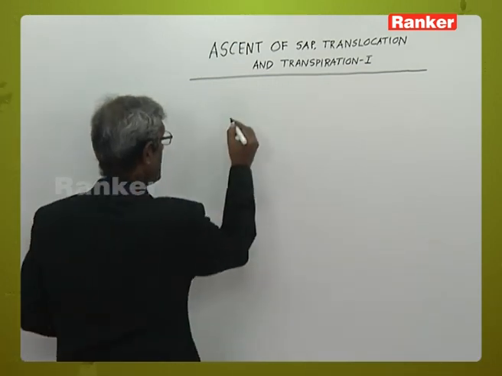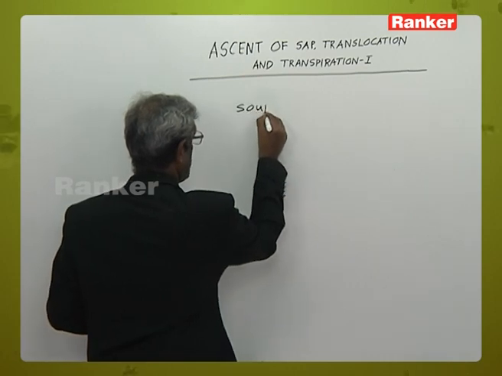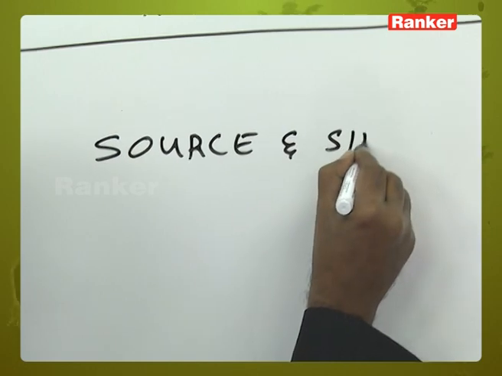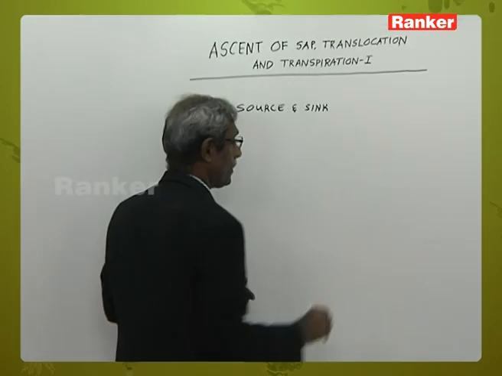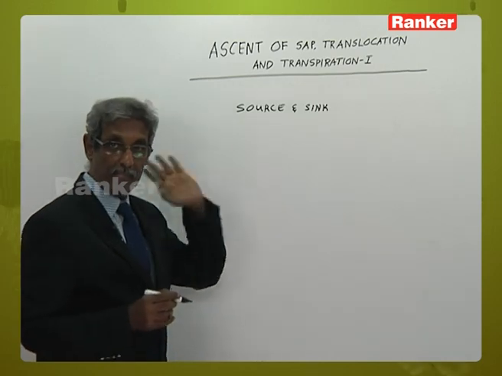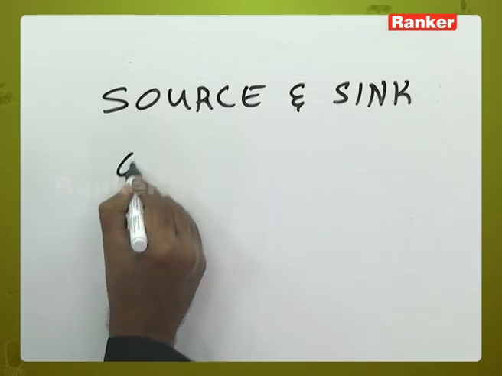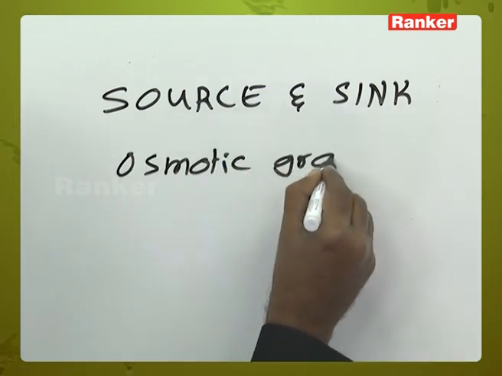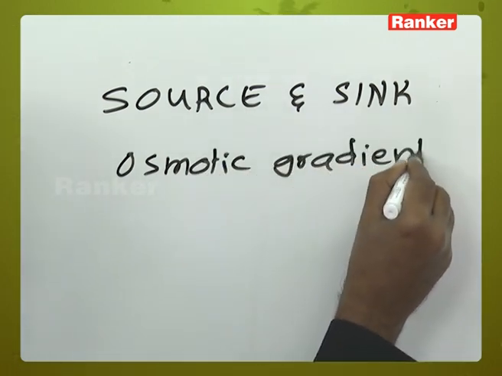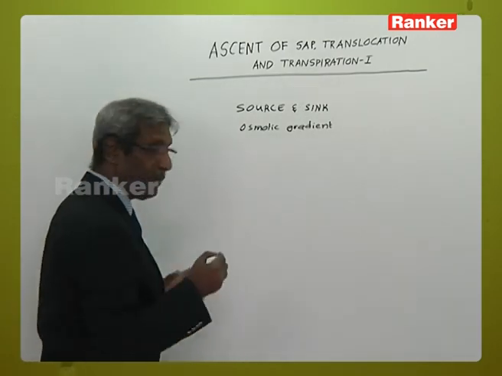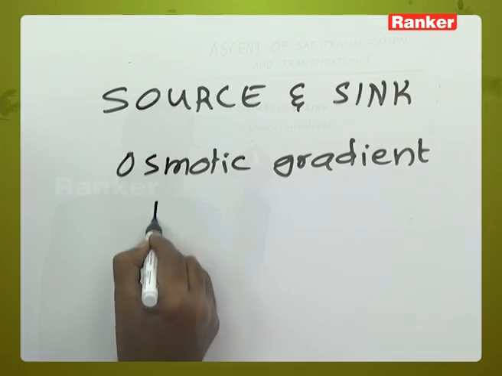So how do you understand the source and the sink relationships? Because of the presence of a source and a sink relationship, we have an osmotic gradient. Now when you take an osmotic gradient, because of an osmotic gradient, there is flow of water.